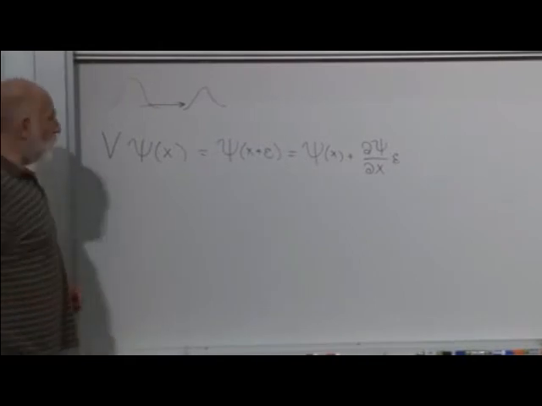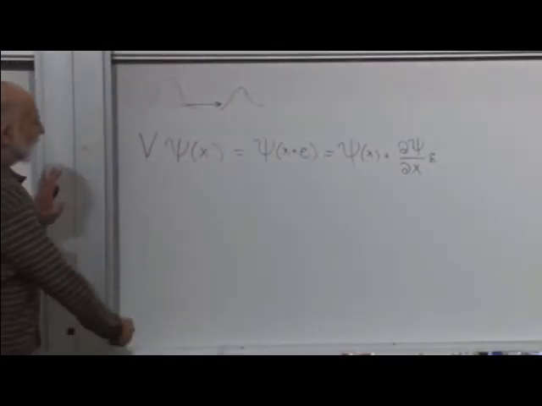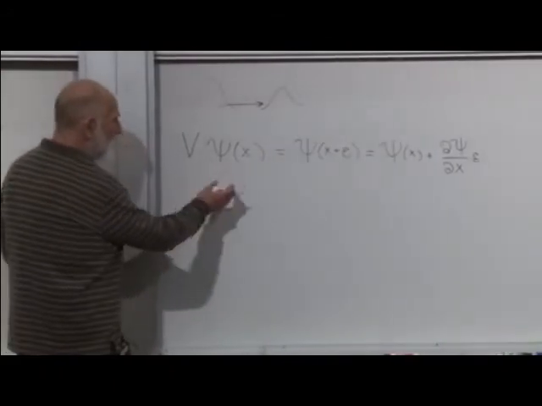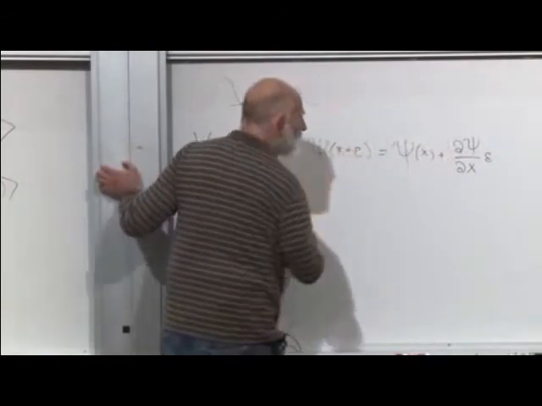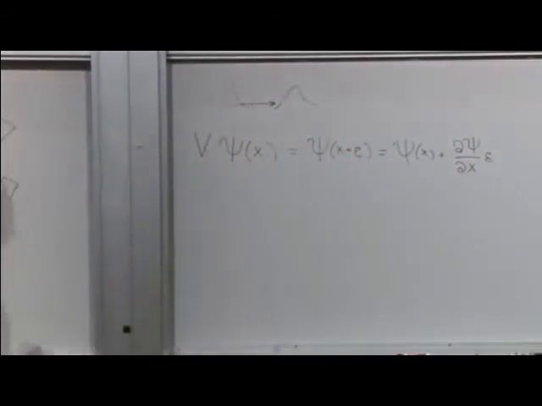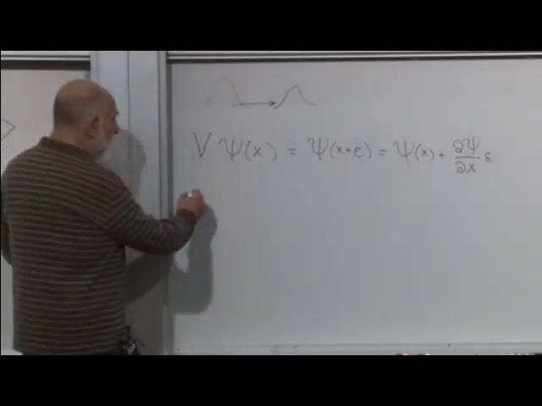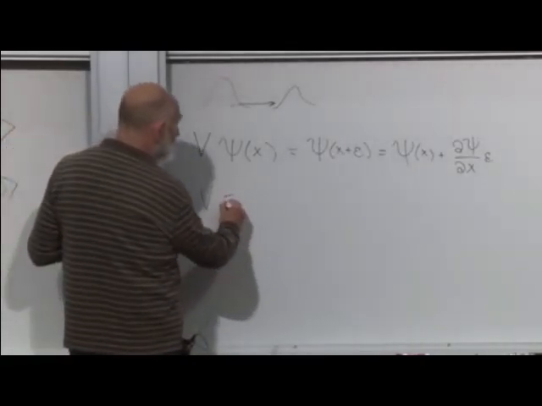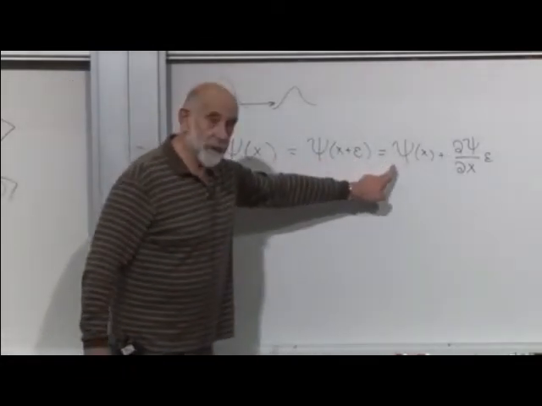So, what V on psi does is it gives back the same psi plus something proportional to the derivative. That proves that whatever V is, it's the unit operator, that's the first term here.